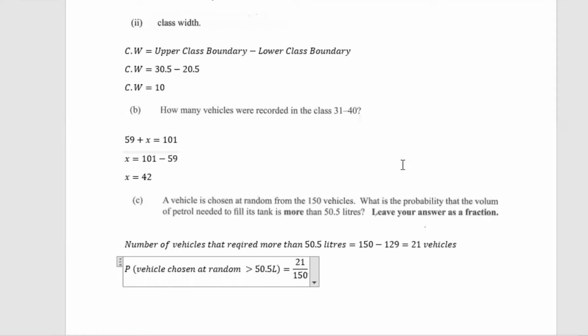This can be simplified: 3 into 21 goes 7 times, and 3 into 150 goes 50 times, and this is our answer, leaving it as a fraction. So the probability is 7 over 50, and that is our answer for part C.